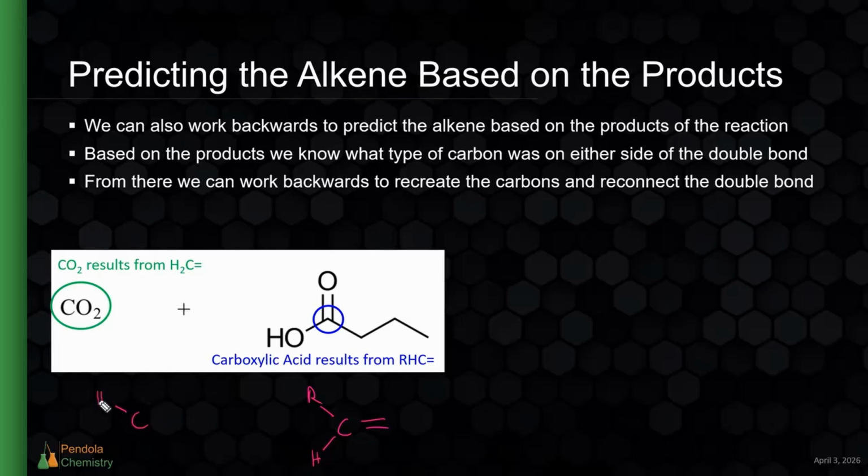So the double bond here, because we have CO2, comes from a CH2, where we have carbon with two hydrogens on the double bond. And then the other side of the double bond in the carboxylic acid comes from a double bond with a carbon, hydrogen and an R group.